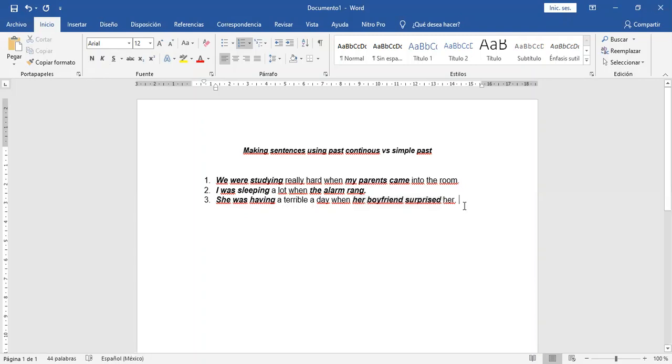It's very easy, guys, for you to make sentences, right? Let's remember that we use the past continuous and the simple past to connect sentences to each other.